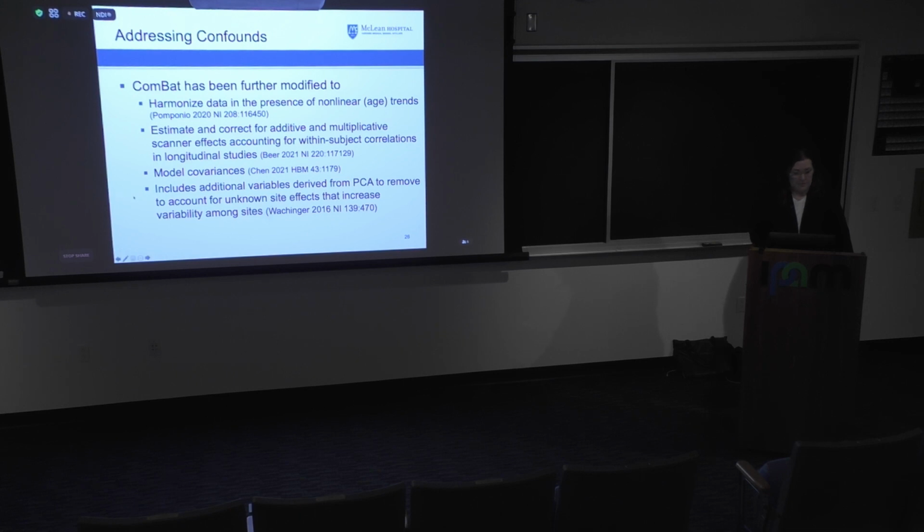Wachinger, I hope I'm saying that right, showed empirical evidence for the presence of confounding biases that are passed on to machine learning models trained on pooled data. They did something called the Name That Dataset experiment that showed that scans can be correctly assigned to their respective data set with more than 70% accuracy using a random forest classifier, where prediction accuracy close to random chance of around 7% would be expected in the absence of dataset bias.